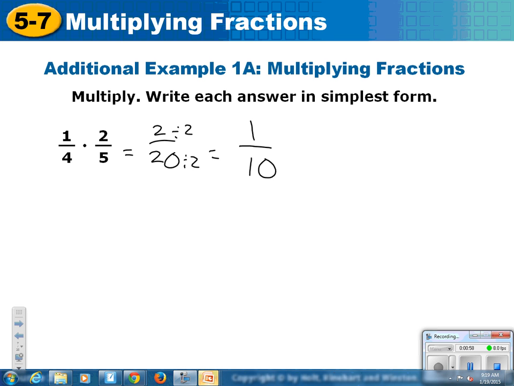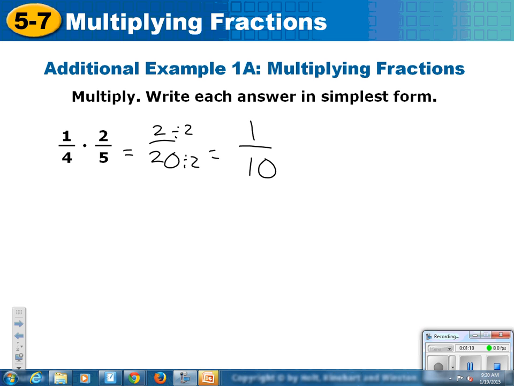We talked about greatest or least common multiples last week a lot. We talked a little bit about greatest common factor. We've always used greatest common factor to try and reduce. So when I just divided by 2 here, I used the greatest common factor between 2 and 20.